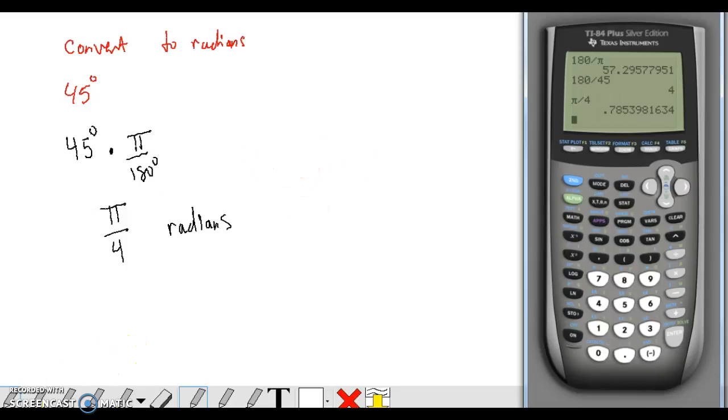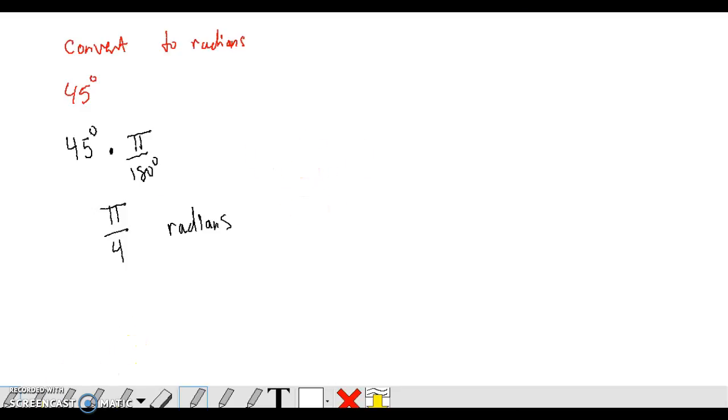All right, let's try a second example. And we want to leave it in pi over 4. That's our exact answer. So let's do 30 degrees. That's another one that we work with. 60 degrees is another one. So 30 degrees times pi over 180.